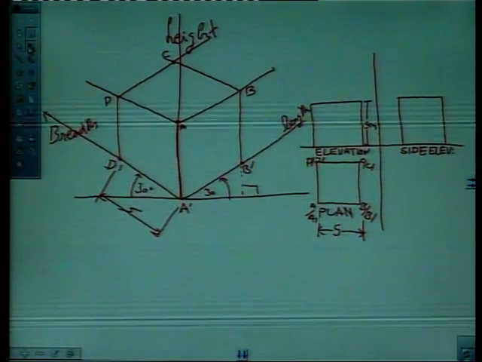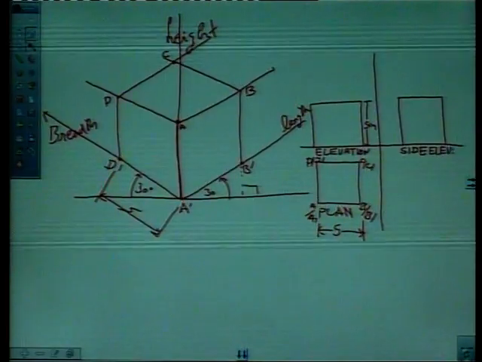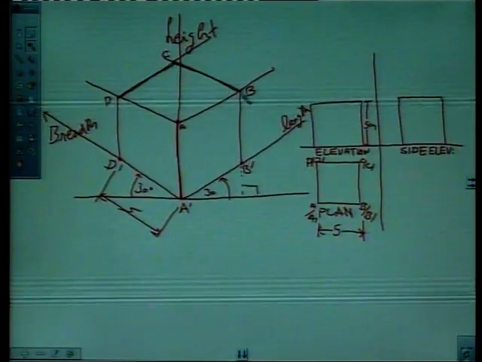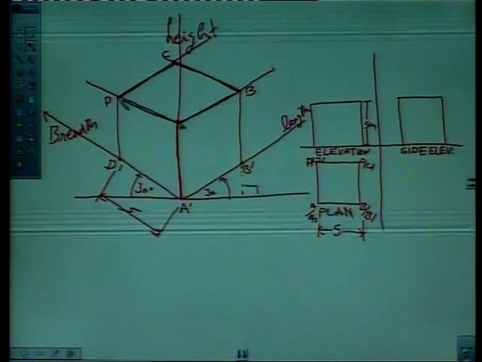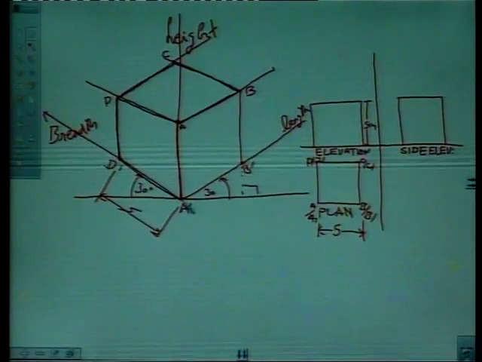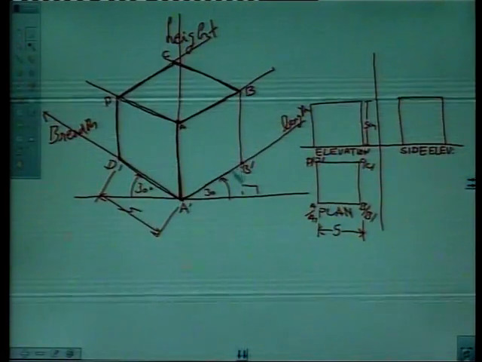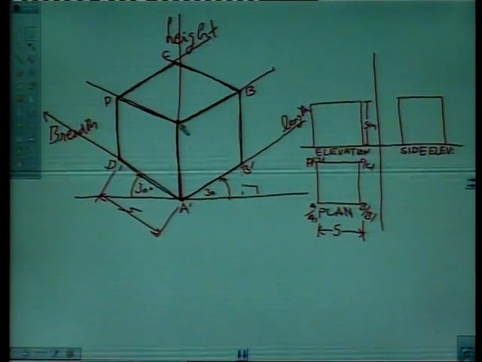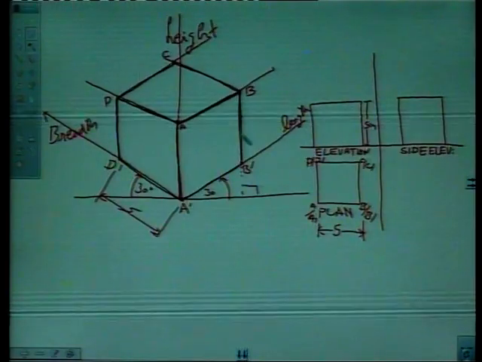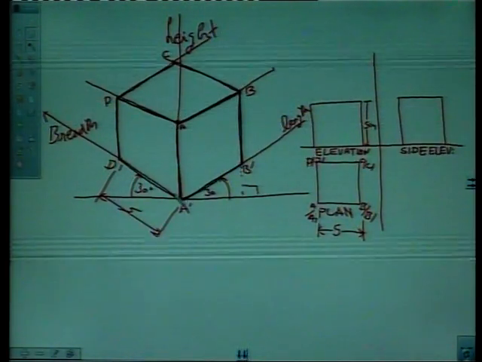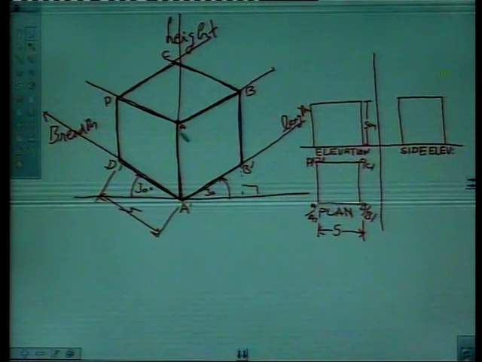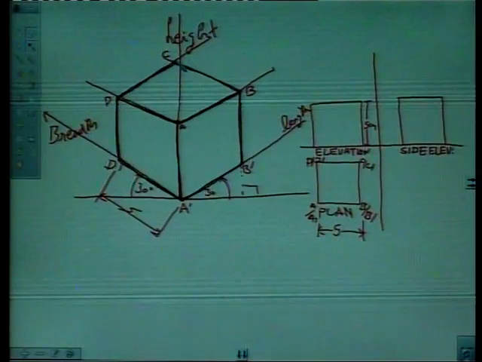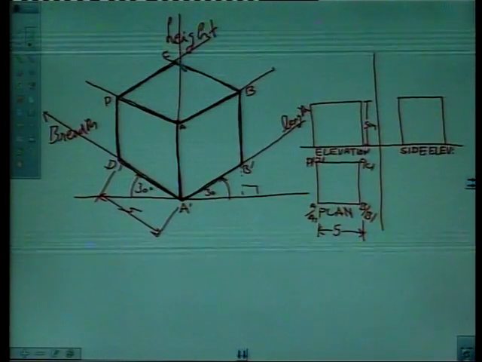We can draft this with a dark pencil. Right. Object lines should be the darkest lines. So this way we get the isometric drawing of a cube.